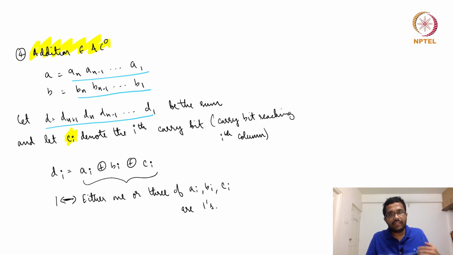So one may be tempted to think that there is an n-1 or n level dependency. Cn depends on an-1 and bn-1, which in turn depends on an-2 and bn-2, and so on. So one may think that there is a dependency that goes down to n levels, right?